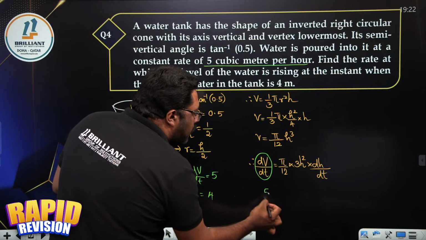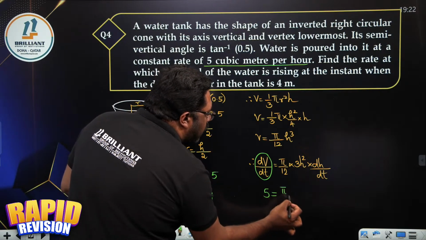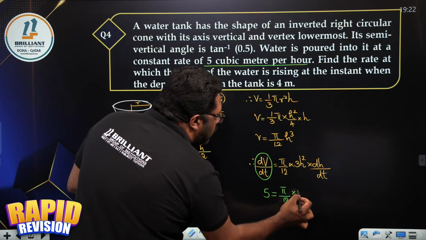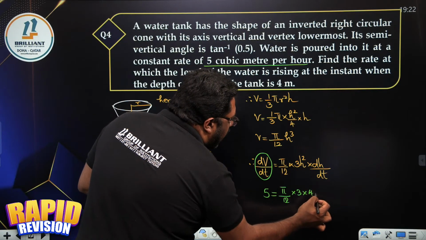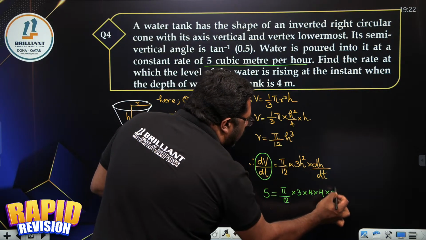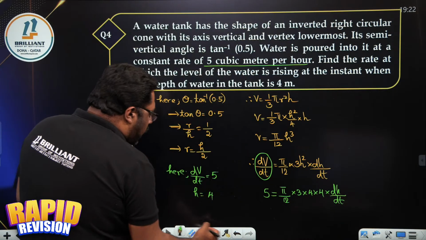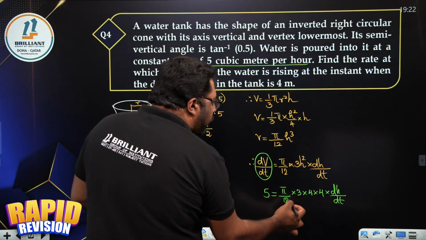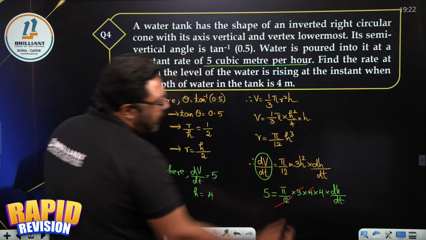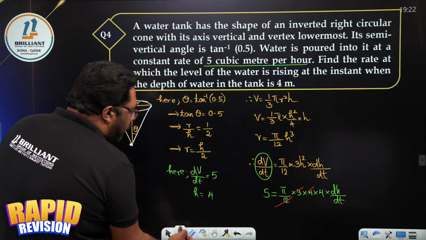Substitute this. 5 is equal to pi by 12 into 3 into H squared into dH by dt. Can I take out this 12 with 3 and 4? So I have 5 by 4 left out.